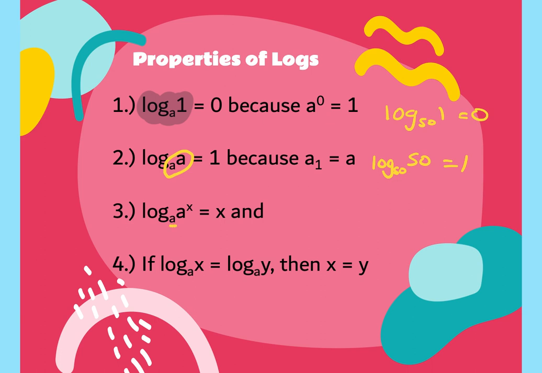If I have a base and next to it is the same number raised to a power, then my answer is just the exponent. So if it said log base 5 of 5 squared, my answer is just 2. Just the exponent on the 5.